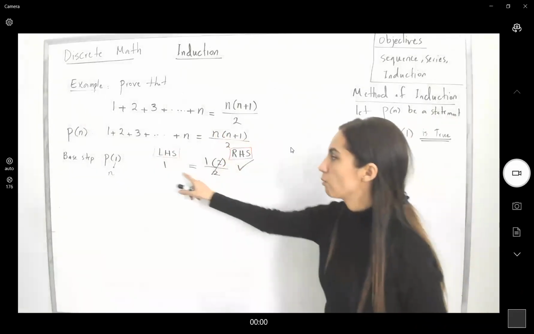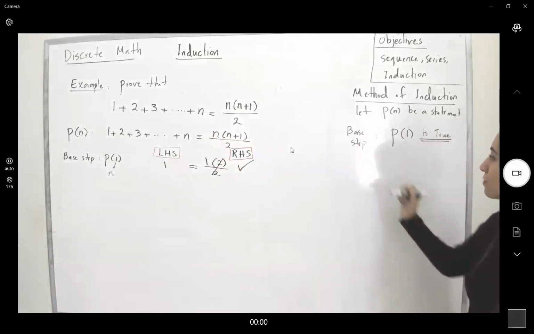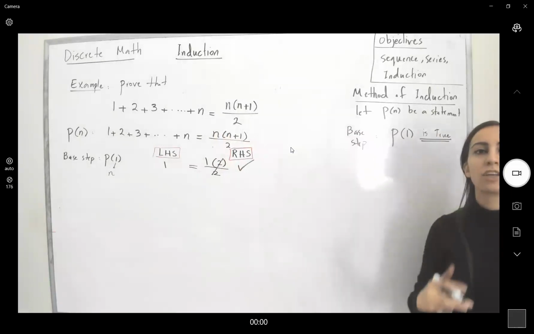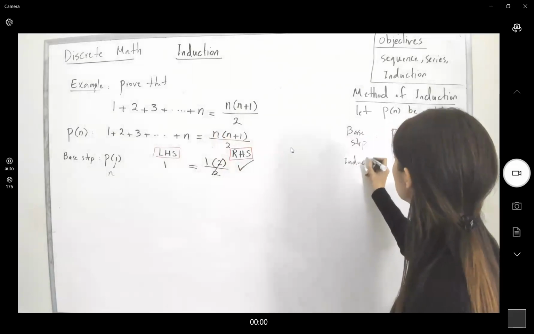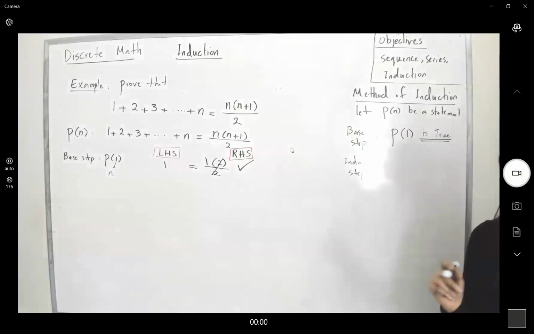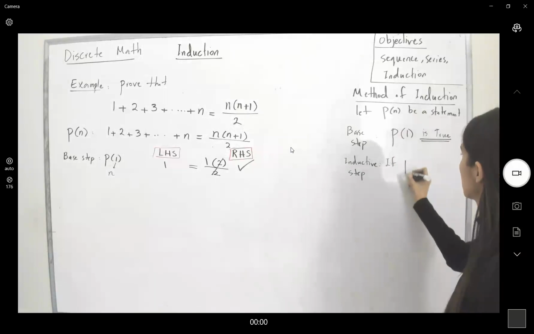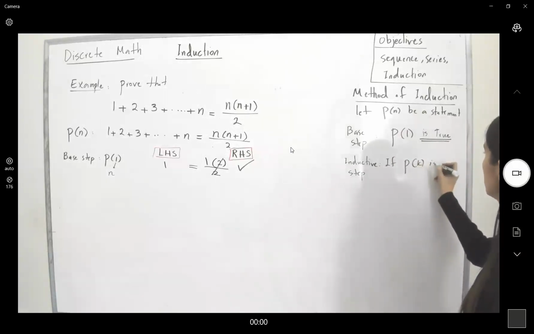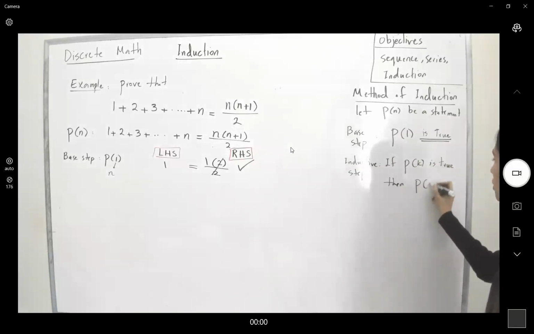If you simplify this, 1 is equal to 1. So your base step is true. Then we start the inductive step. The inductive step says if Pk is true, then Pk plus 1 is true.